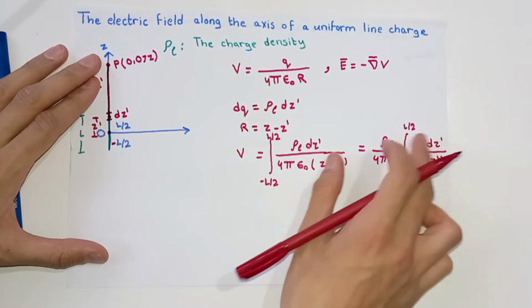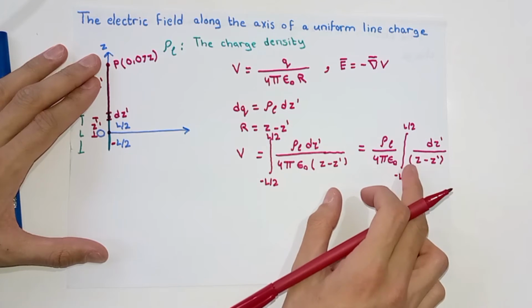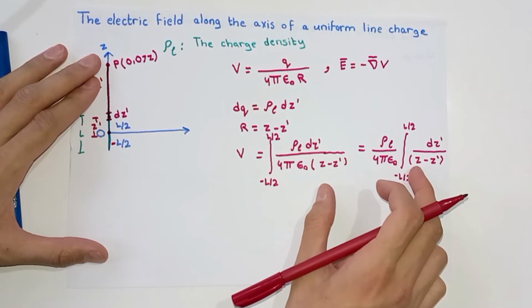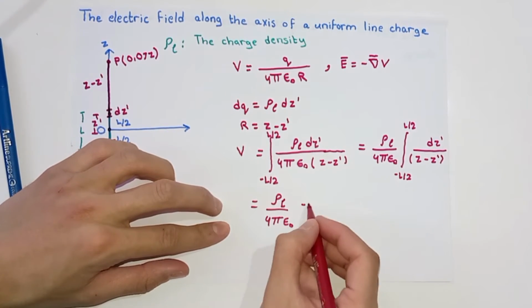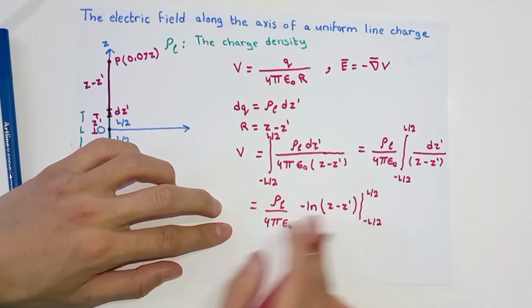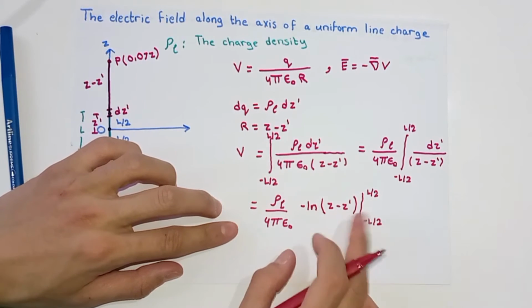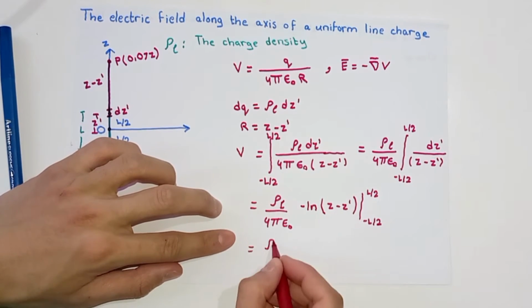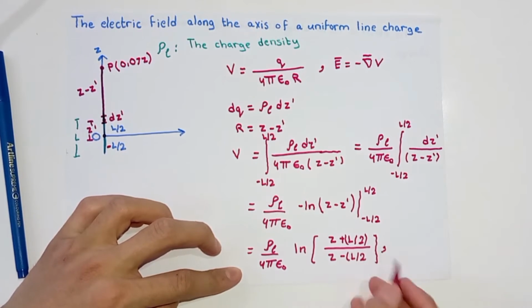Now the integration of this is equal to the ln, the natural logarithm, of the denominator z minus z primed. Now let's substitute the limits for z primed, and we will have this.